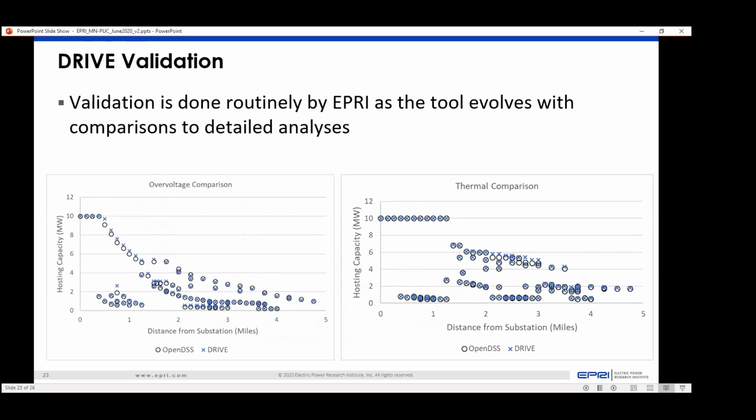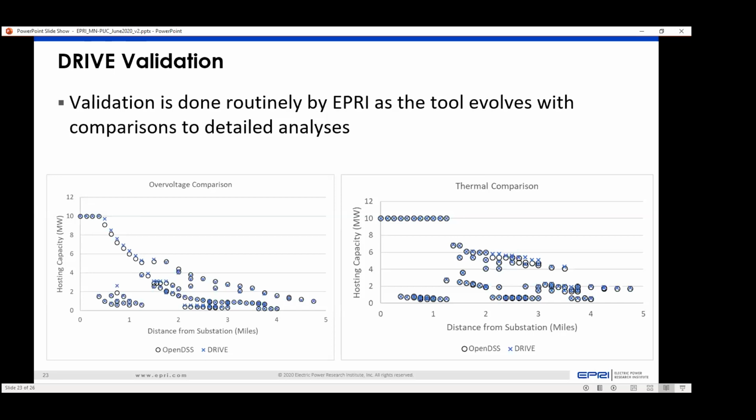And I can really only speak towards Drive because we developed Drive and we're continually validating these results through detailed studies. And we're doing that to make sure that the analytics that we're implementing within our analysis make sense and they are providing the results that we intend them to provide, and we understand when the results are different, why they are different.